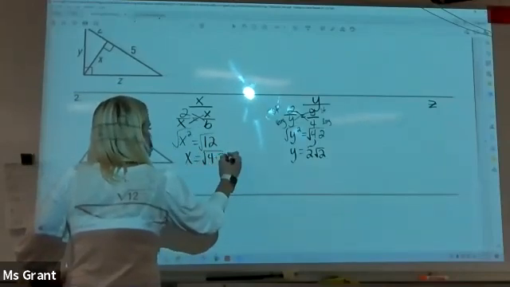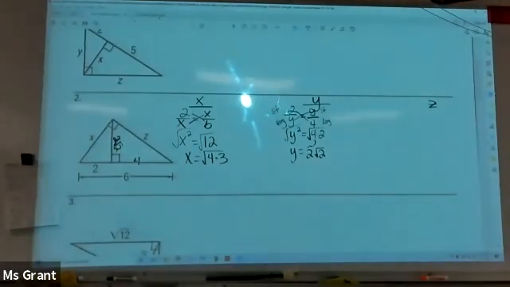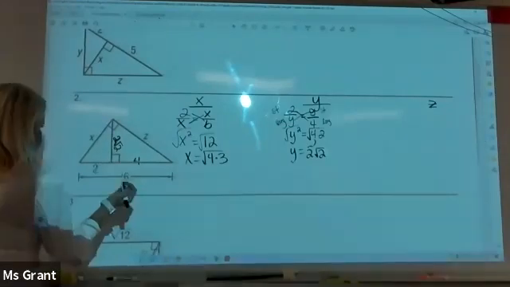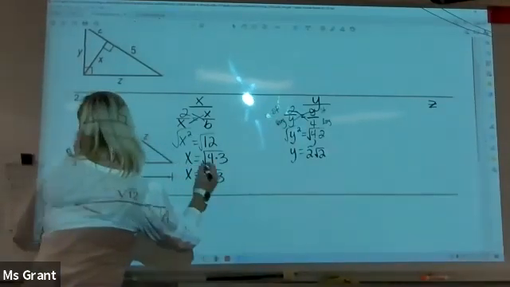Make one of them a perfect square. I chose 4. 4 times 3. 4 is a perfect square. So I'm going to take the 4 out of the square root symbol, and I'm going to put 2 out of 3.